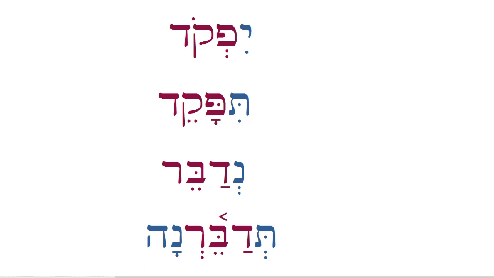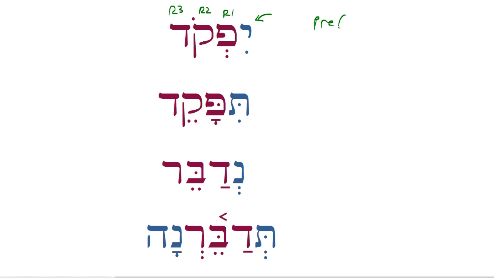The first thing that we look at here is the prefix, if it exists, and a prefix vowel. Notice that the R1, R2, and R3 I have identified here in this reddish color. Here we have a prefix, the yod, and the prefix vowel is a hireq.